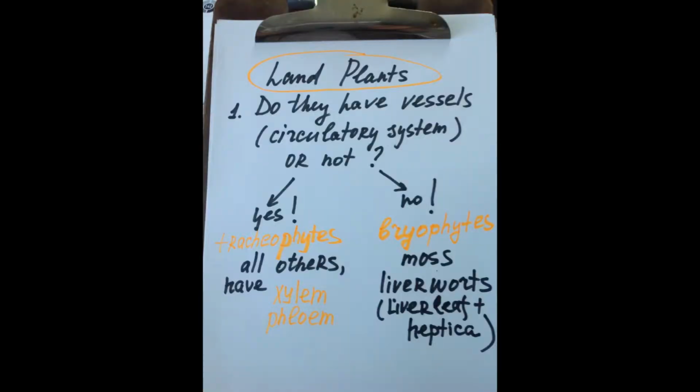So there are two major groups of land plants. What's the difference? If they contain vessels or not. The great majority of species make up the vascular plants, while relatively few species comprise the non-vascular plants.